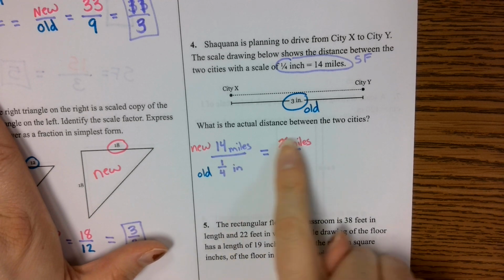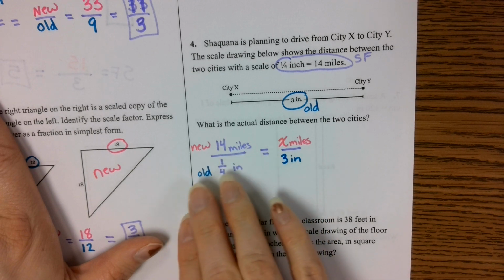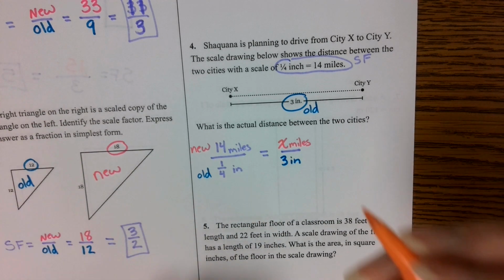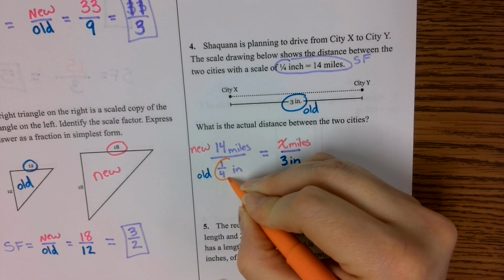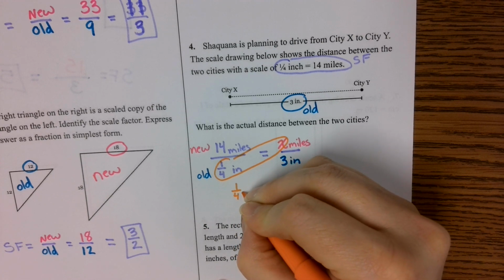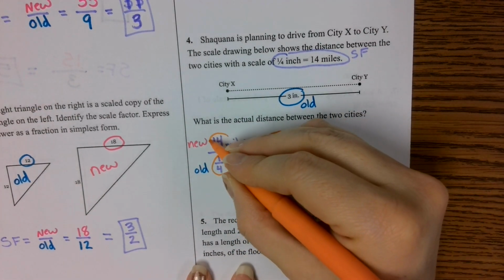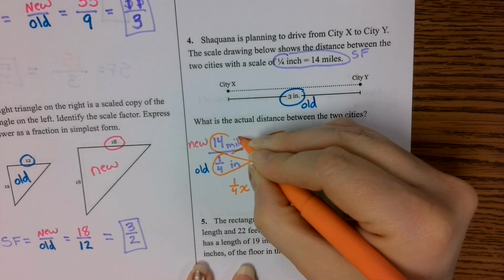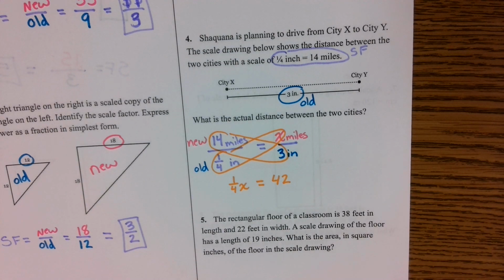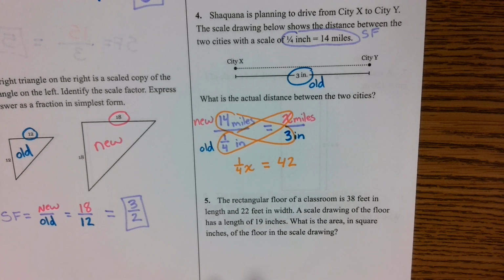Okay, this should look very familiar to you. We did this a lot last semester. I told you guys we were going to be doing it again this semester. It is a proportion that you need to solve using cross products. So we're going to do 1/4 times x, which gives us 1/4 x. We're going to do 14 times 3, and 14 times 3 gives us 42. And then our last step is to divide.